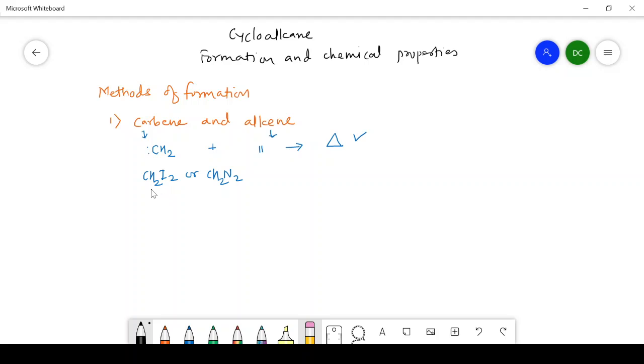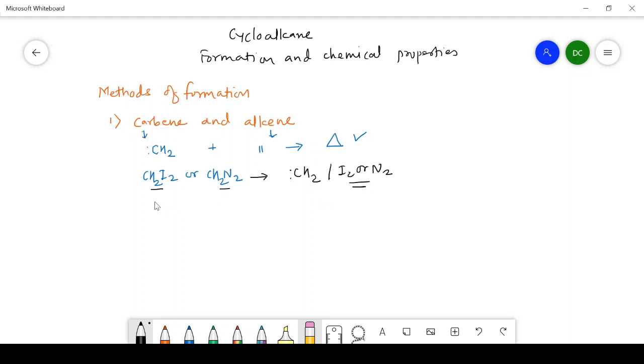If you look at the structure of the two reactants, it is clear that there is a CH2 group and the other group is either I2 or N2. And these two reactants, CH2I2 or CH2N2, decompose within the reaction medium to form a carbene, and either I2 or N2 is eliminated.